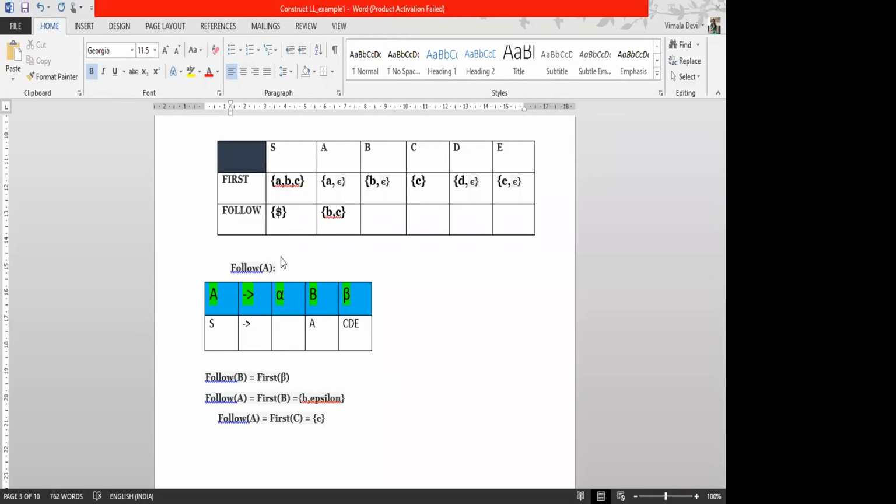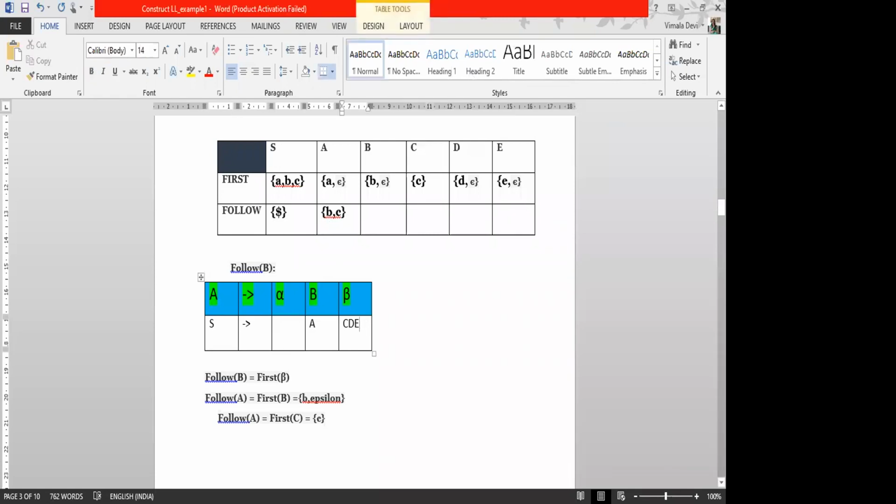Okay, now we have finished computing follow of A. Now let us compute follow of B. So accordingly, I modify it here. Follow of B, right? So follow of B I have to compute means, how do I write the rule here? B should appear here.